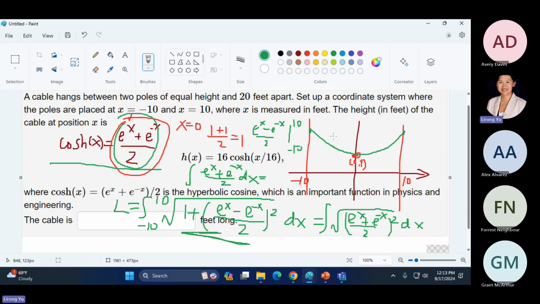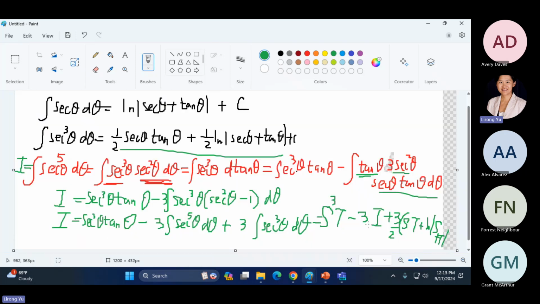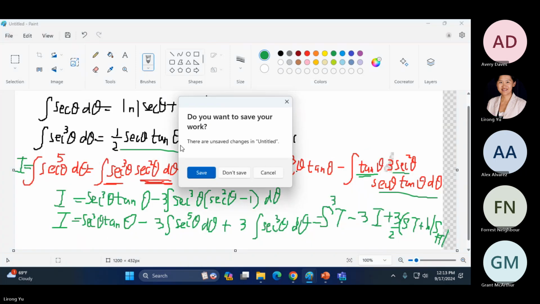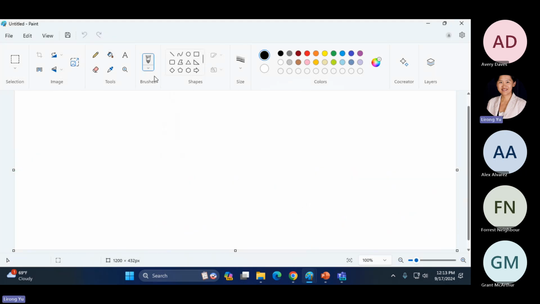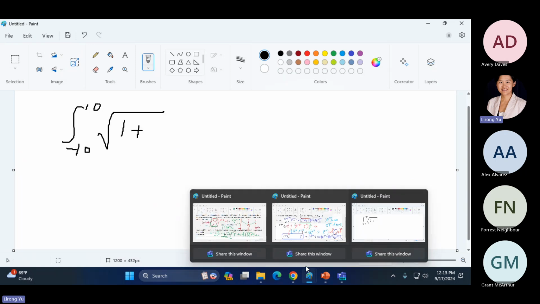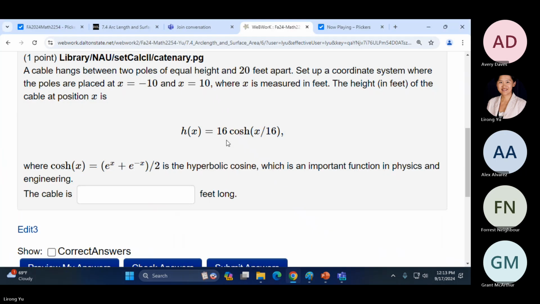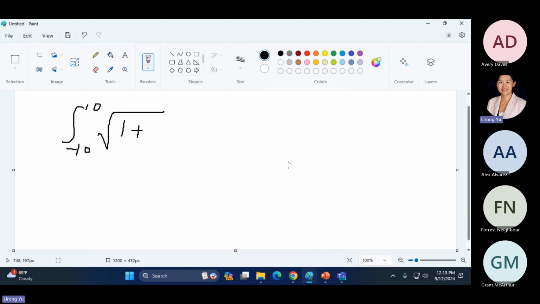All right, so I didn't pay attention to the 16, so obviously, like you said, we have to do a change of variable. We have to do a substitution. Okay, let's go through the detail of that calculation. The actual calculation is going to be from -10 to +10, and here you have 1 plus the square of this derivative, which we have to work out.